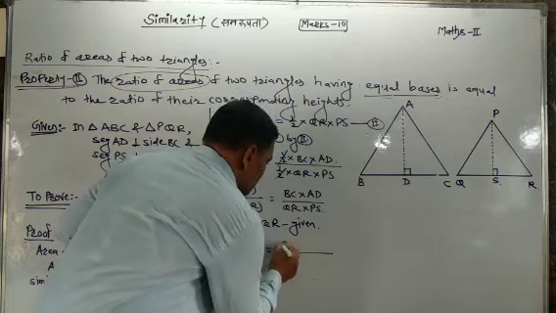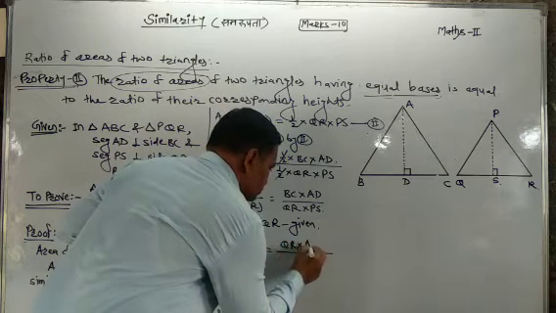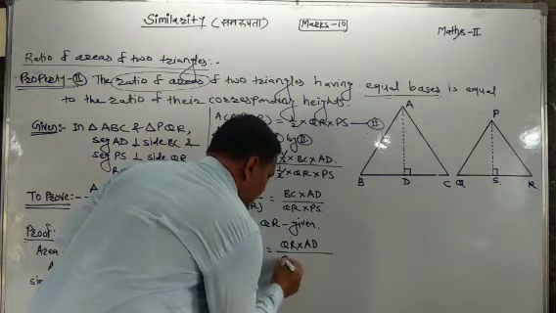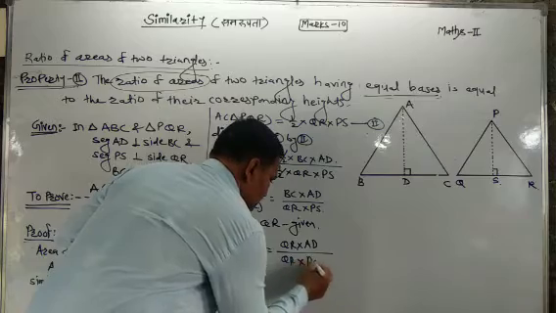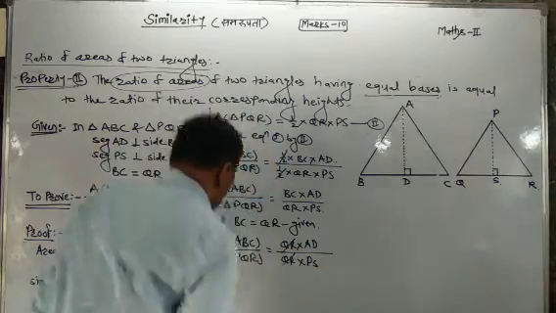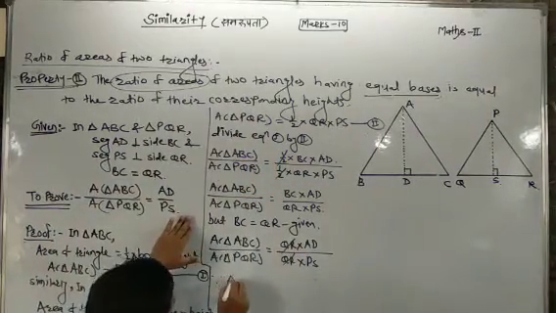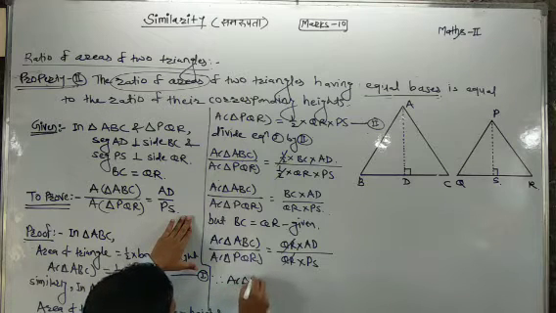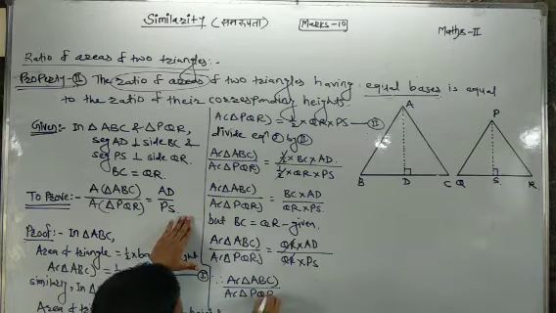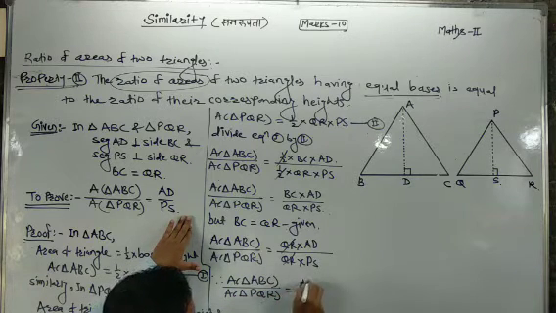We get QR into AD divided by QR into PS. Now this QR gets cancelled. Therefore, area of triangle ABC divided by area of triangle PQR equal to AD divided by PS.